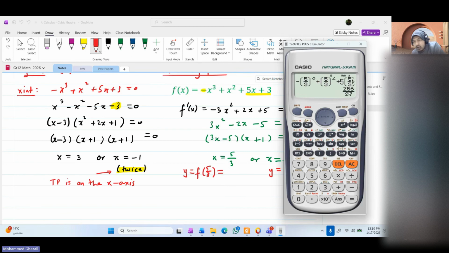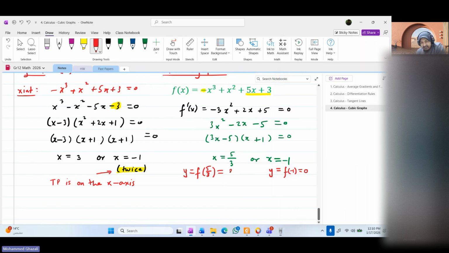So we're getting 256 over 27. And now if you compare these two values, which one is minimum, which one is maximum? You can clearly see this is max and this is min.